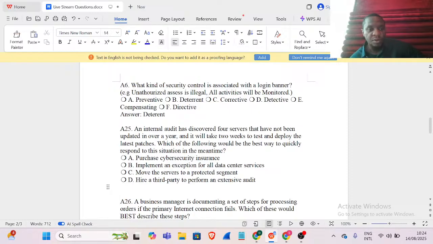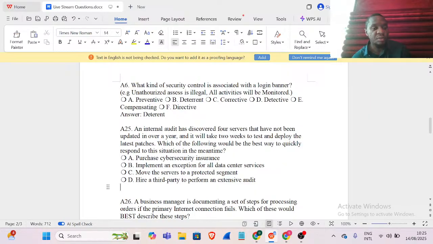Assessing cybersecurity intelligence and insurance, implement an option for all data center services, moving servers to a data center by a third party. I think having a third party is not needed. Maybe moving the servers is a very good solution because you wait until the patch is found.